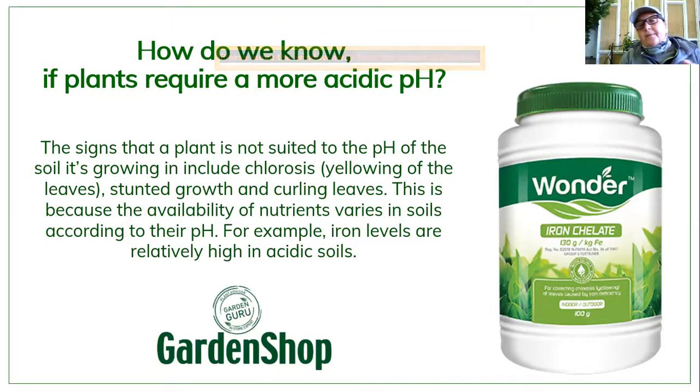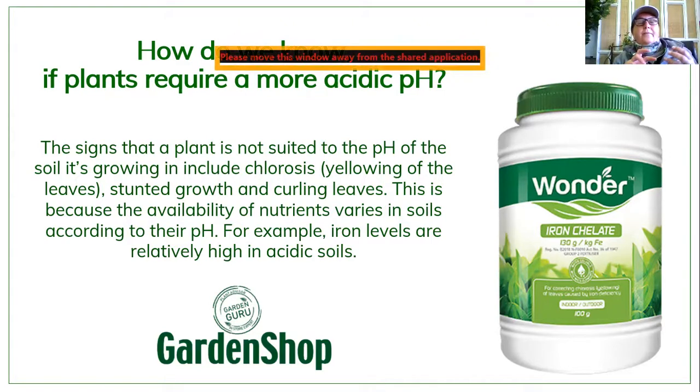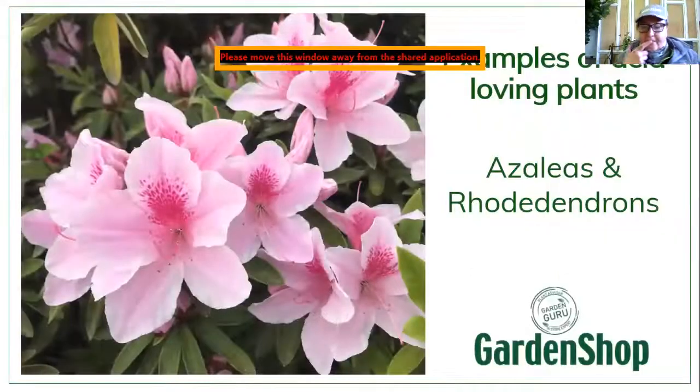For example, in acidic soils, you get quite a high level of iron because your nitrogen is less, so those plants use more iron to bind the little nitrogen that is in the soil in order to make the plant healthy.